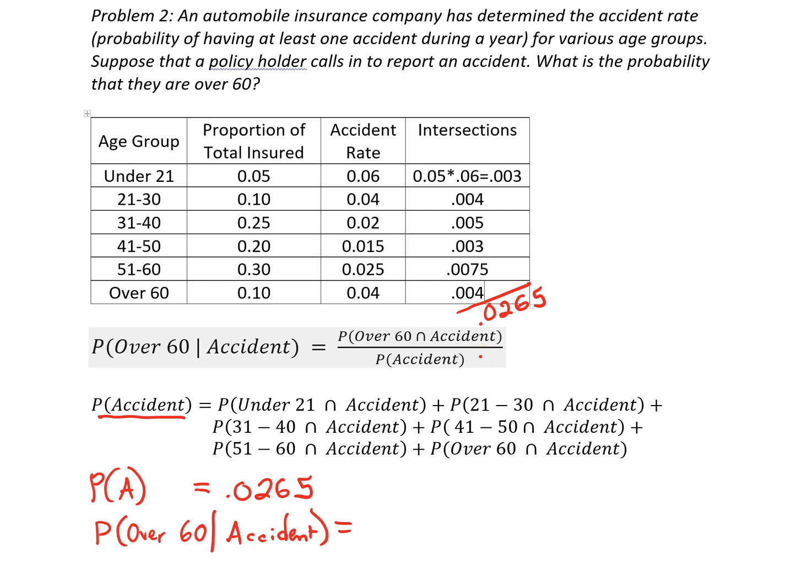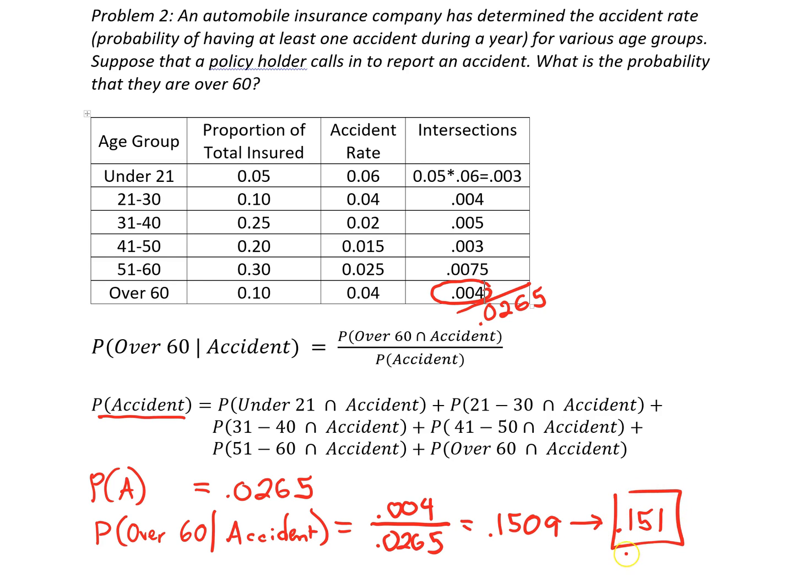So the probability of being over 60 and having an accident is 0.004. We're dividing that by the total probability of accidents. This ends up being 0.1509 and several other decimal places. If I were to round this to 3 decimal places, it would be 0.151.